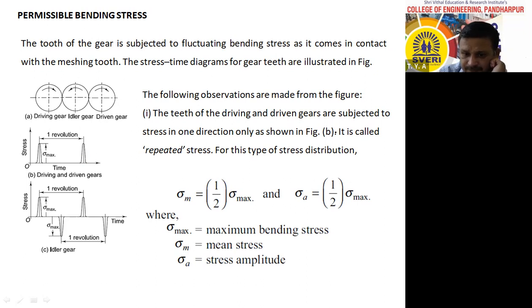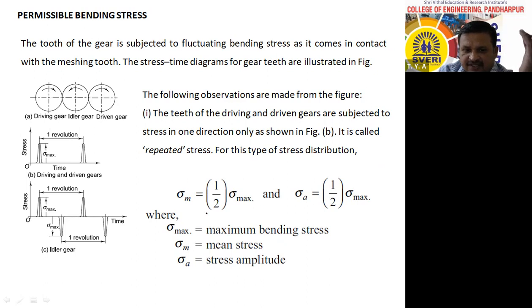Therefore, it is called repeated stress. Why is it called repeated stress? This is for one revolution only. After the second revolution, the same diagram is going to repeat here. After the third revolution, the same diagram is going to repeat. That's why it is known as repeated stress.